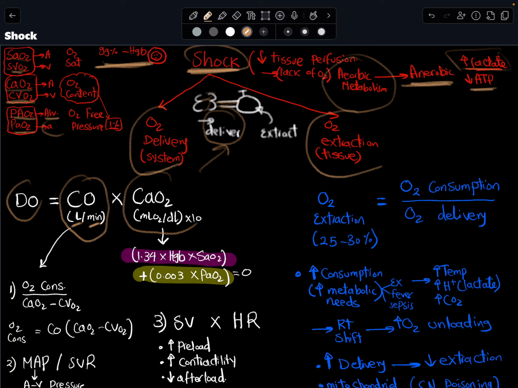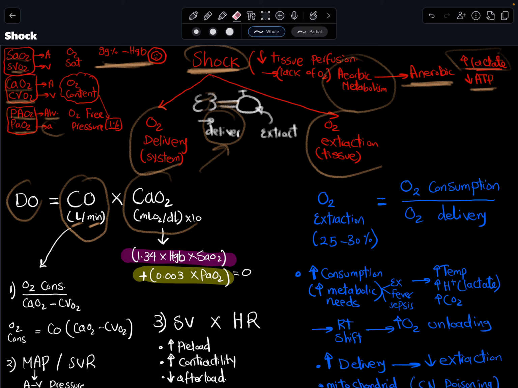And on the other side, CaO2 is the actual oxygen content that's delivered to the tissue. And we just said the oxygen content in our body is in two forms: one bound to the hemoglobin, and the other free oxygen in the bloodstream, which is a very, very small factor, 1 or 2% of the oxygen in our blood.